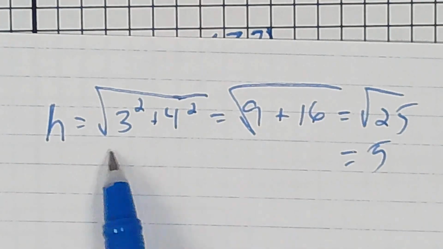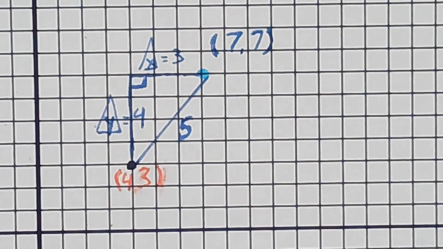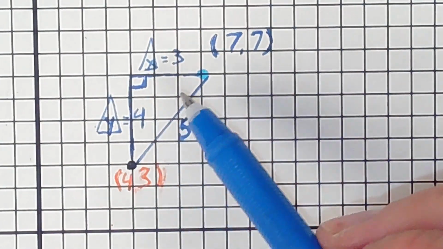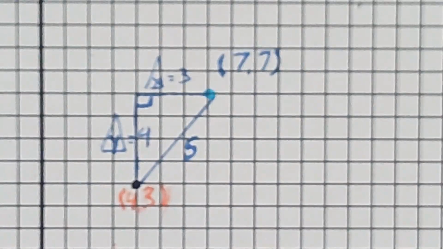That's the carpenter's trick there, the 3, 4, 5 triangle. Anyway, that is the straight line distance of my blue triangle there. Now I'm going to make a little red triangle here, and a little red one, and let's make it the same distance away.